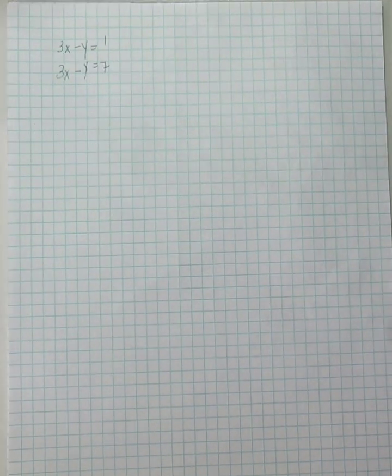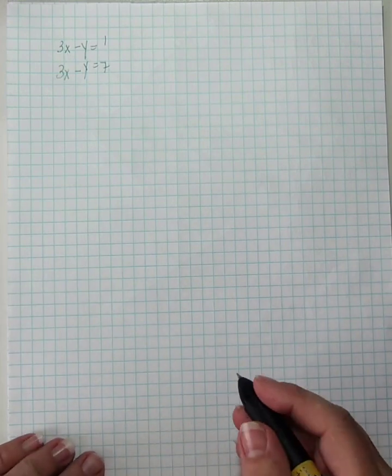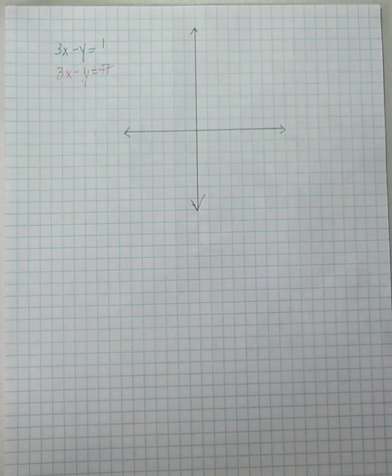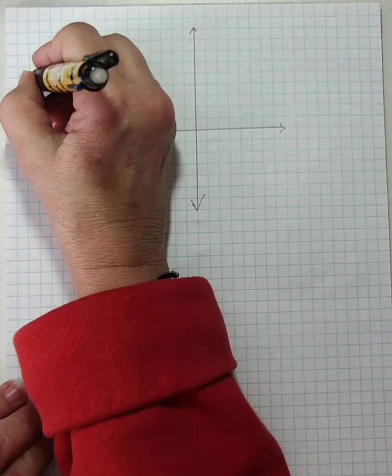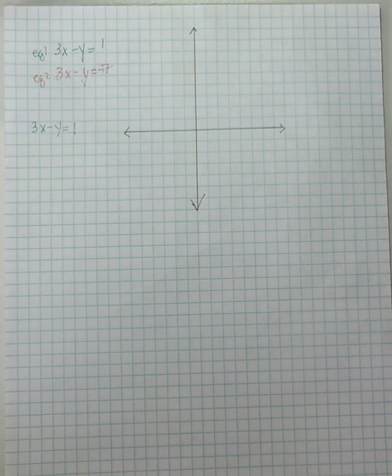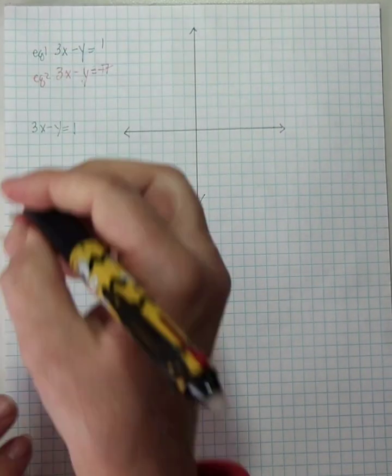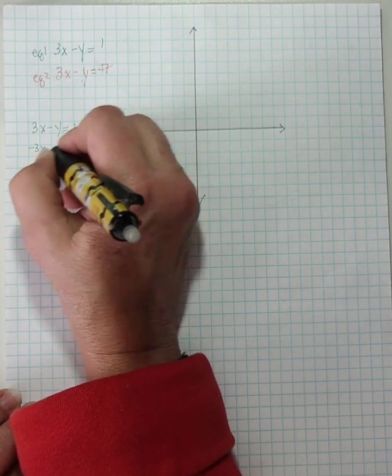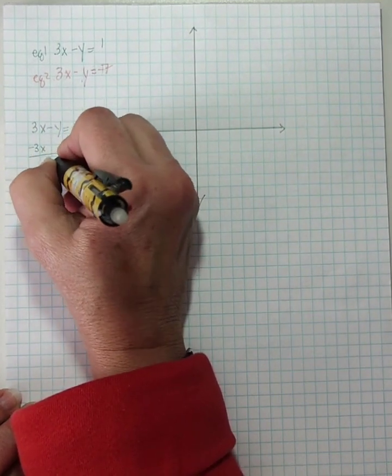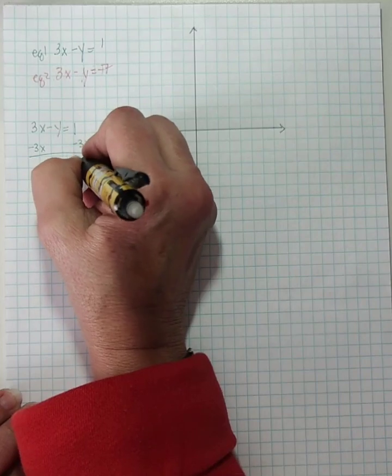So now we're going to look at this system of equations and work with this one. So if I take my first equation and solve for y, here's equation 1 in green, equation 2 is in red. So I'm going to solve equation 1 for y. First I'd have to subtract 3x from both sides. Negative y equal negative 3x plus 1.